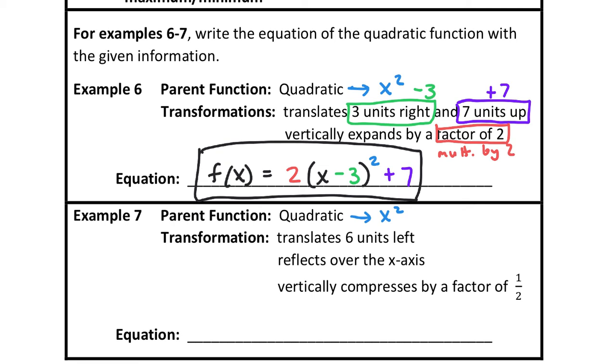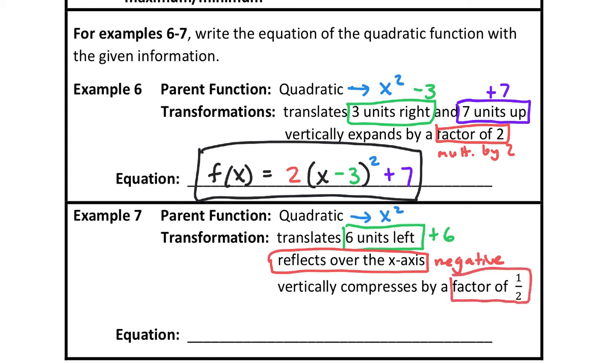And then translate 6 units left. So that's plus 6. Then reflect over the x-axis, so that's putting a negative, and then vertically compressed by a factor of 1/2.